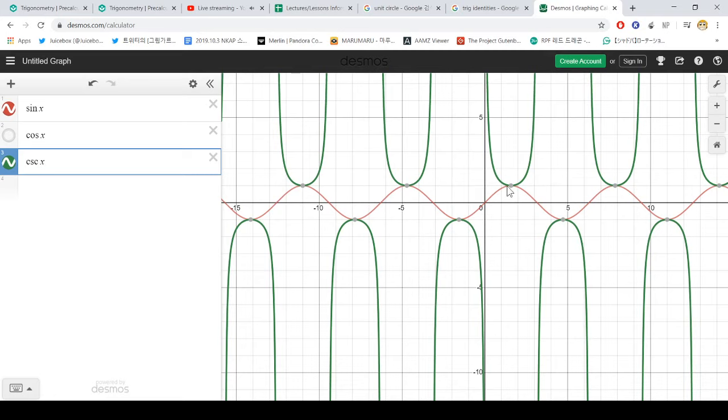But at the point when it's 1, it's still going to equal 1. So if sine of x is equal to 1 at pi over 2, cosecant of x is also going to be equal to 1 at pi over 2, because it's just going to be 1 divided by 1.